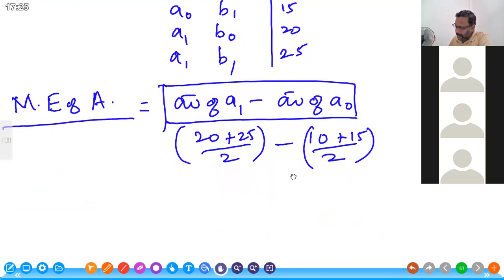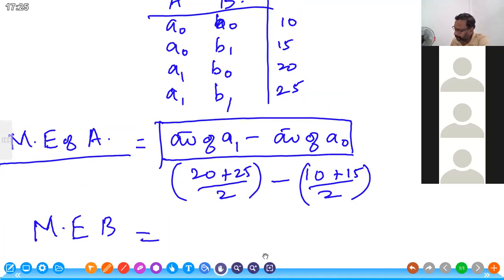Tell me, how do we calculate the main effect of B? Tell me in numbers. Main effect of B. Anyone?